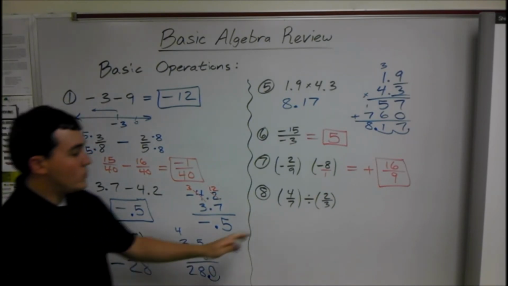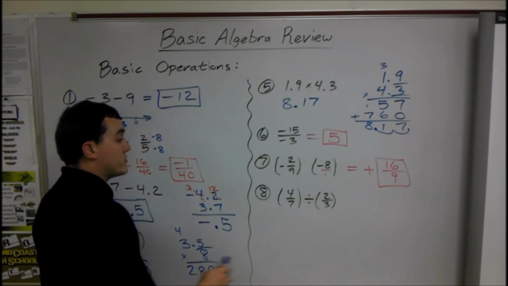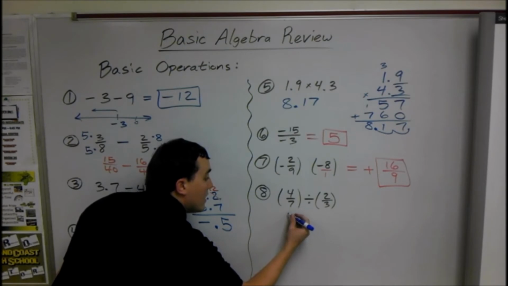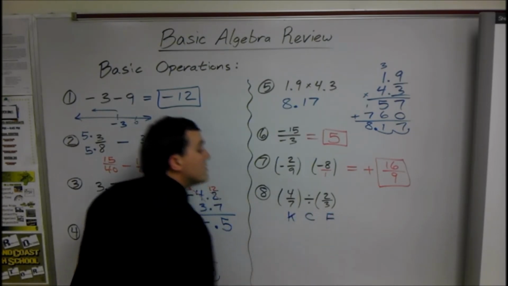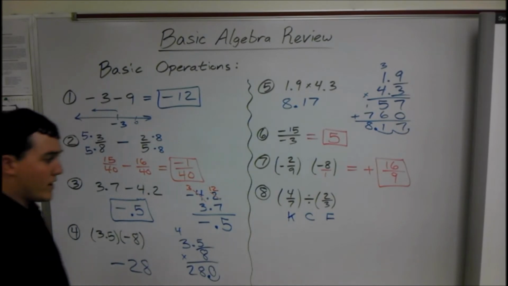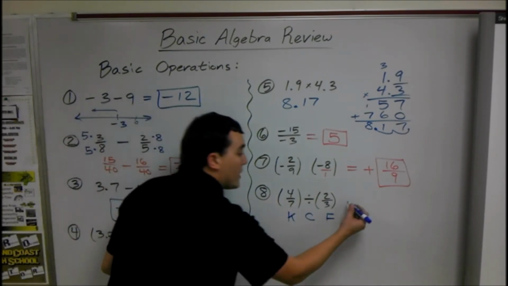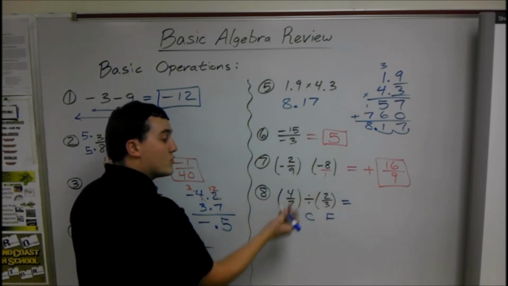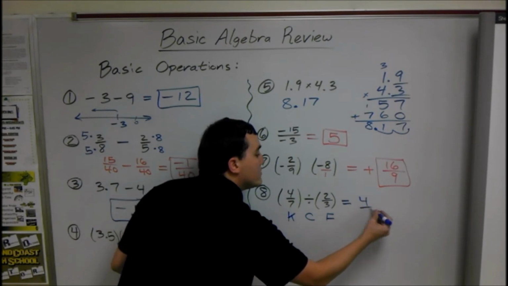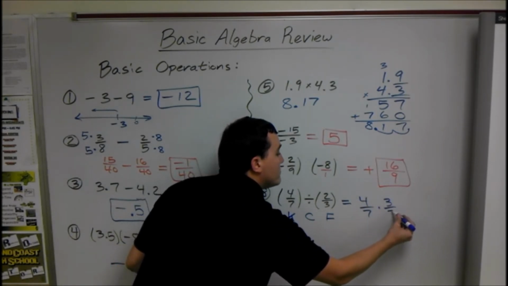Last one. We have a fraction divided by a fraction. This is important to know because you use it in algebra. You want to keep, change, flip. That's a good way of remembering it. If you divide by a fraction, you multiply by the reciprocal. So the reciprocal of 2/3 is 3/2. So we have 4/7 times 3/2.